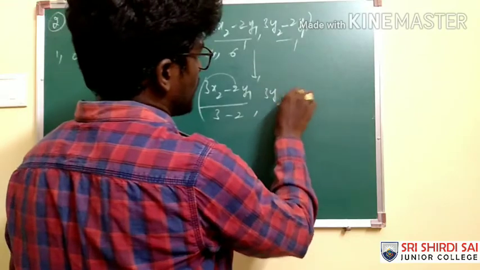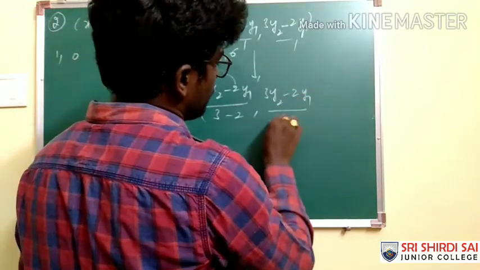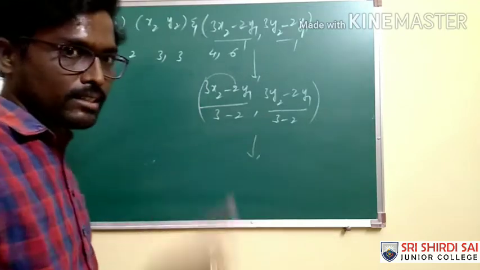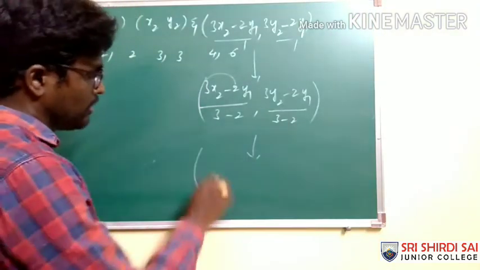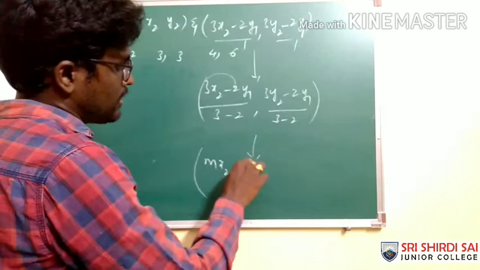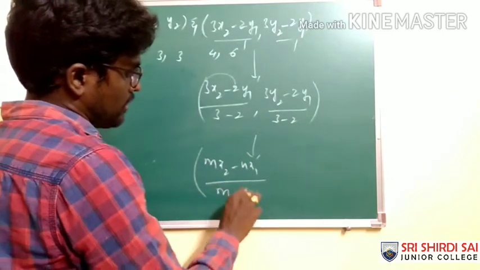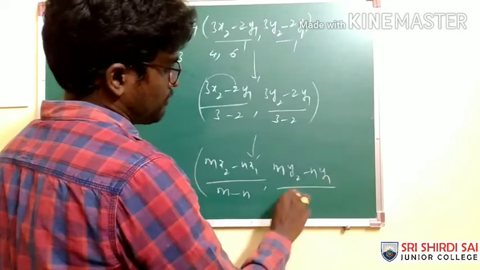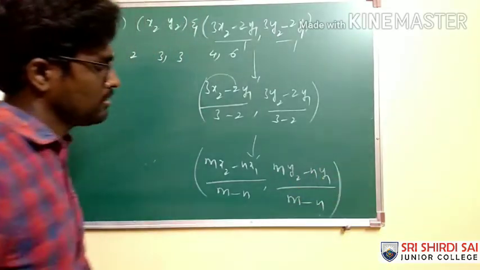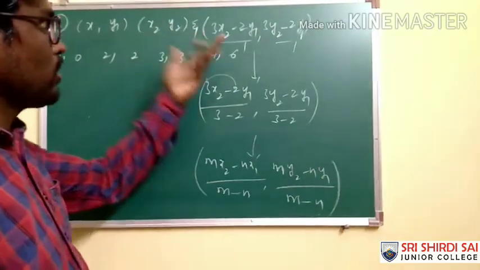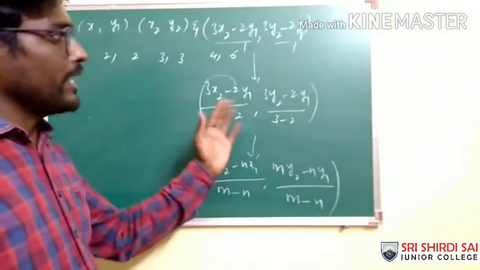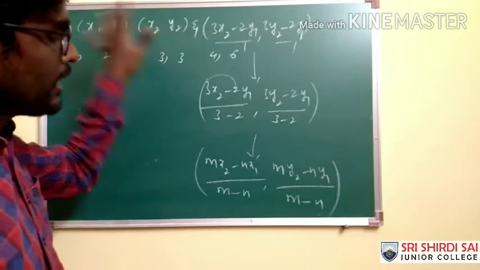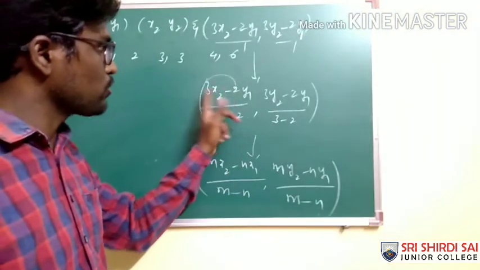Similarly, the next coordinate 3y2 minus 2y1 by 3 minus 2. So this coordinate looks like which formula? mx2 minus nx1 by m minus n, my2 minus ny1 by m minus n. Here x1, y1, x2, y2 are the coordinates, and this is the external coordinate which divides the line joining these 2 points externally in the ratio 3:2.